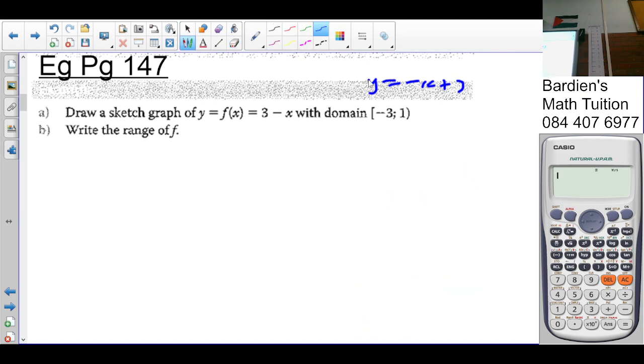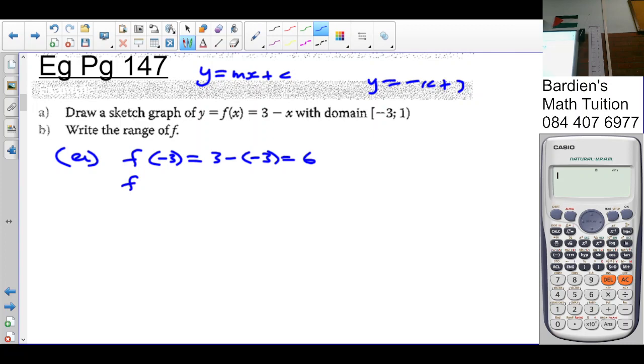Otherwise, what we can do is we can say, okay, we all know it's a straight line graph. Yeah? How do we know that? Because it's in the form of y equals mx plus c. Not so? So if I draw this graph, I say, okay, the graph starts going from -3. So f of -3 is 3 minus -3, which is 6. Then I choose another value, f of 0. So that's going to be 3 minus 0, which is 3. Then I choose the endpoint.